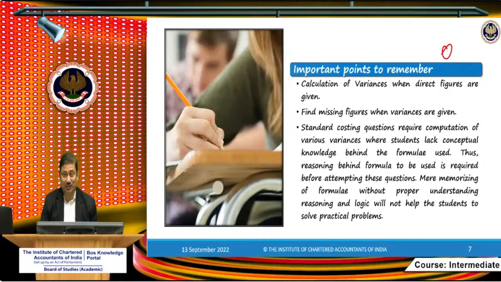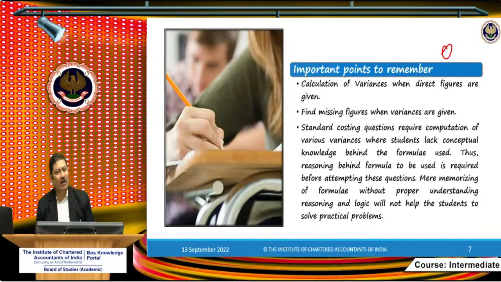Missing figure questions are also included in the study material, and very recently we have seen those kinds of questions coming which require more conceptual clarity. So please practice those kinds of questions also. What students lack in this particular chapter is conceptual clarity. I have given the brief of everything in the PowerPoint presentation which is there in the study material.